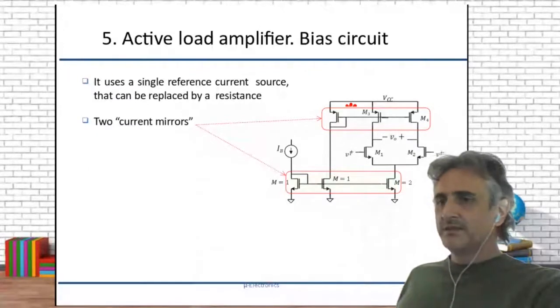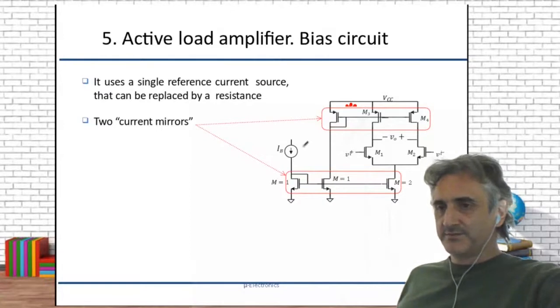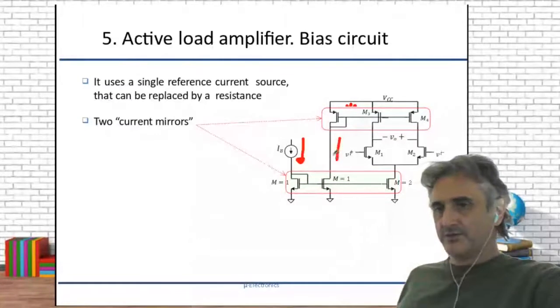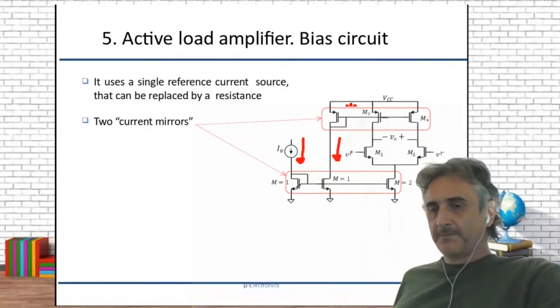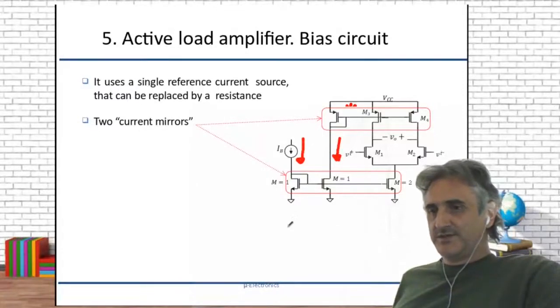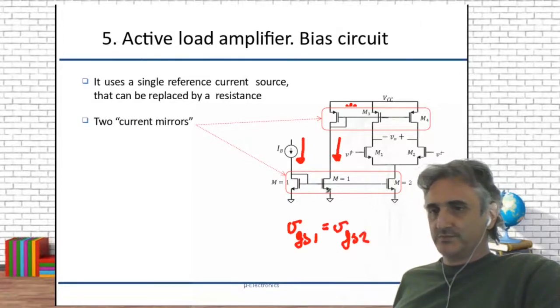Anyway, a current mirror is just a device that is able to reproduce the current flowing through this branch into this other branch. Notice that these two transistors are sharing the same gate voltage, VGS1 equals VGS2.